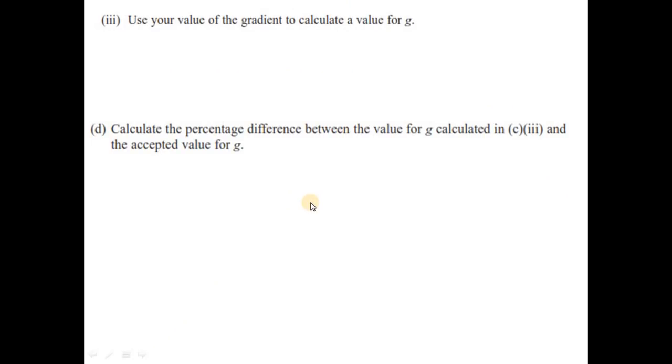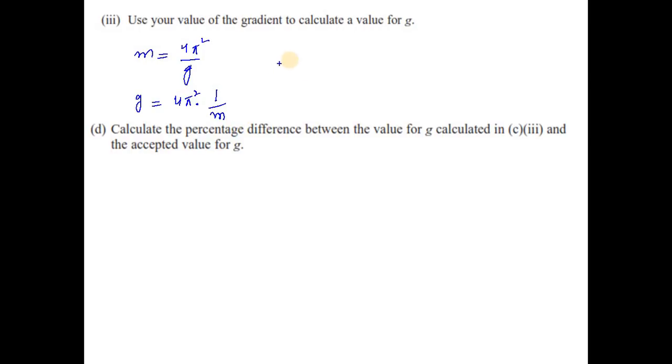Use your value of the gradient to calculate the value of g. If you recall, the gradient m that we found from the equation was 4 pi square over g. That means g should be 4 pi square into 1 upon m, that means 1 upon gradient.